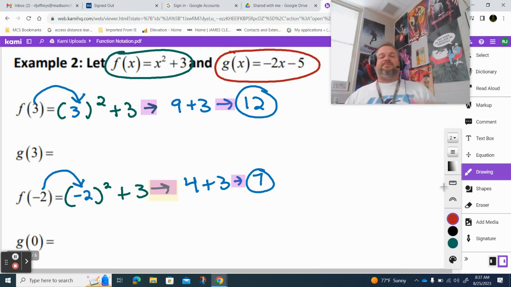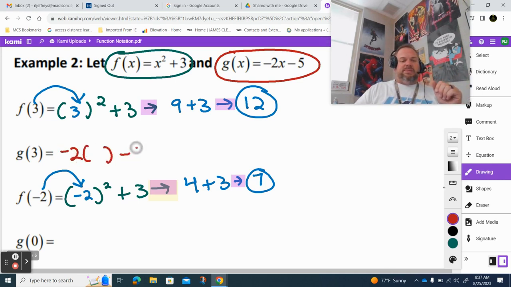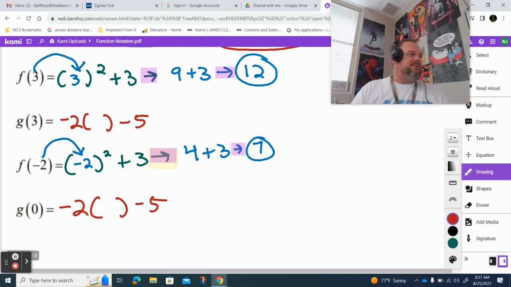All right. So now we're going to do it with the G's. Okay. So -2 parenthesis minus 5. Now we're going to plug in 3.